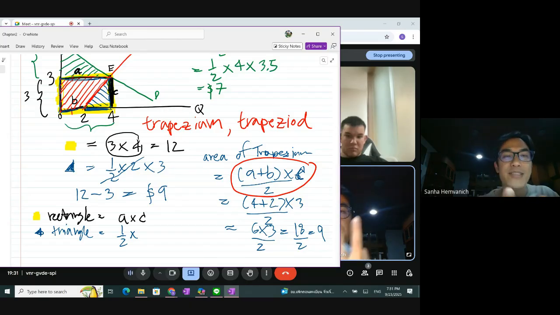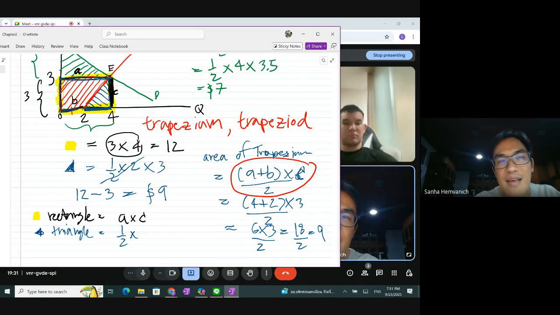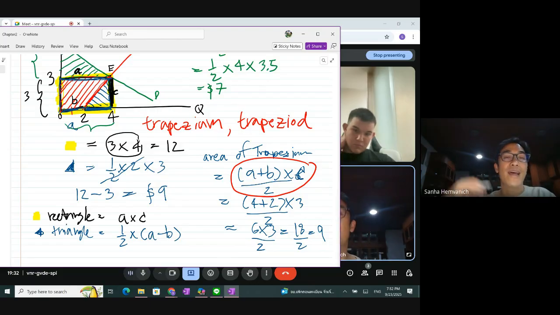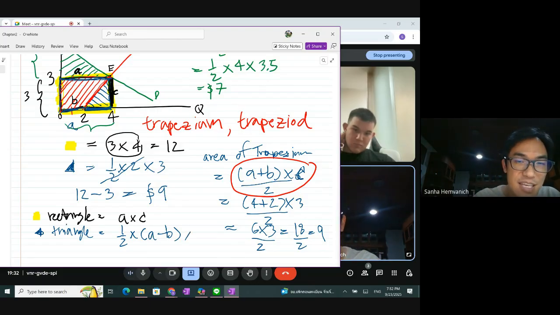But as you can see, this line is just the difference between A and B. Because the whole line is equal to A, this extra line is just A minus B. So the base is A minus B. And the height is actually C.